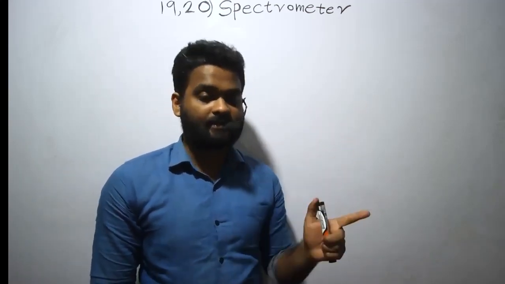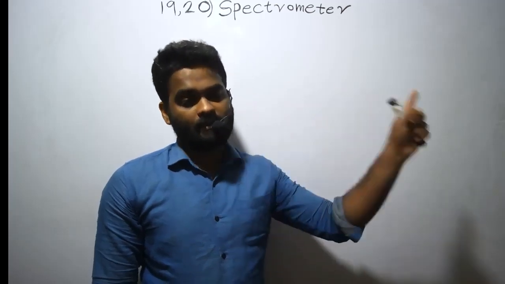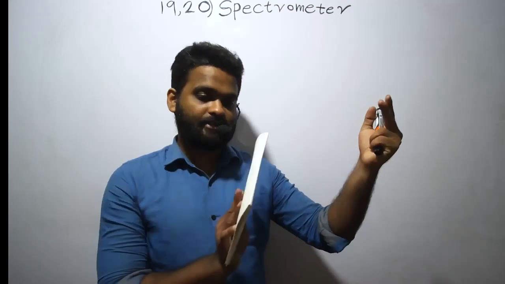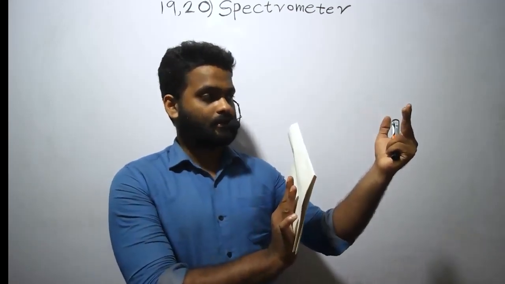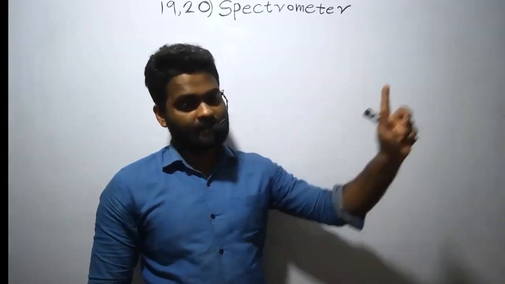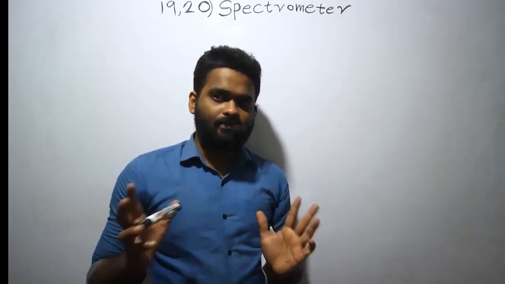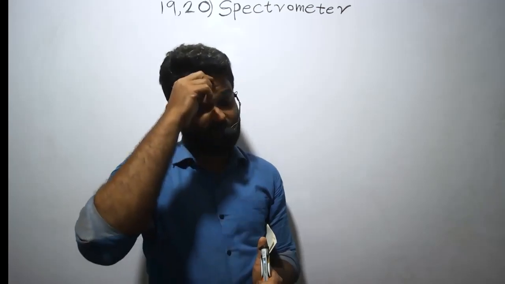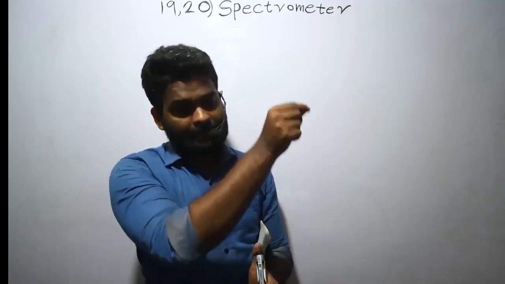So that is the first adjustment. Then we adjusted the collimator. Collimator adjustment means distance between objective lens and slit. After that, you would see a clear image of a distant object on the crosswires. Then we can say the telescope is fully adjusted. I mean telescope and the collimator. So once the collimator is adjusted, you see a clear image of the slit on the crosswires.